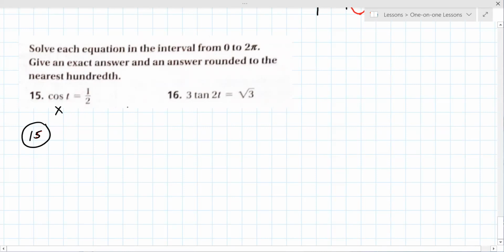There's 2 places on the unit circle. 60 degrees, so we're going to use radians, pi over 3, and 5 pi over 3. Okay. So that's the answer to part B.